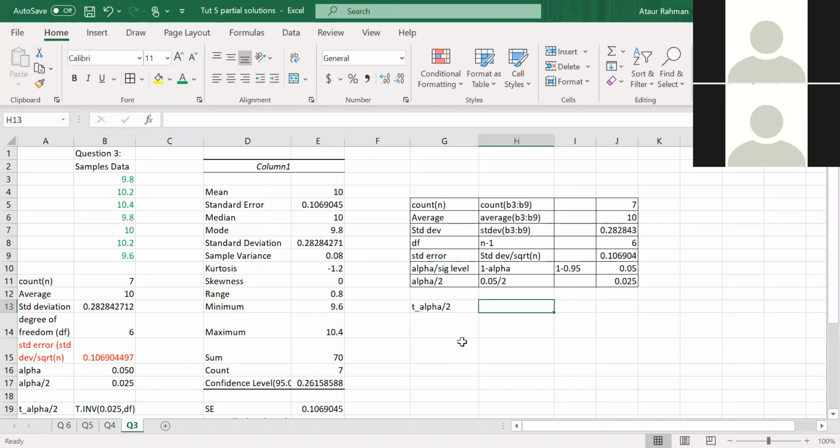So in finding that, the equation we'll be using is T.INV, and then we write our alpha value, 0.025, and we write our degree of freedom. I can write alpha by 2 here probably, which will be better. Alpha by 2.